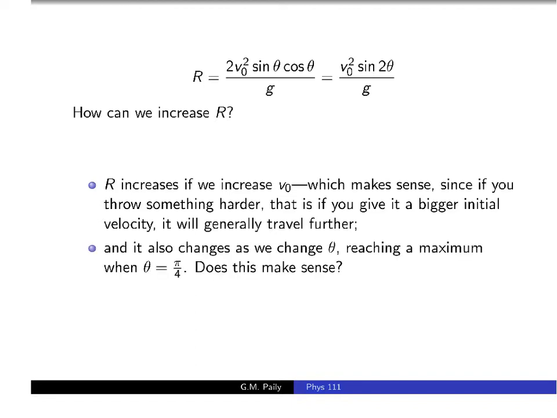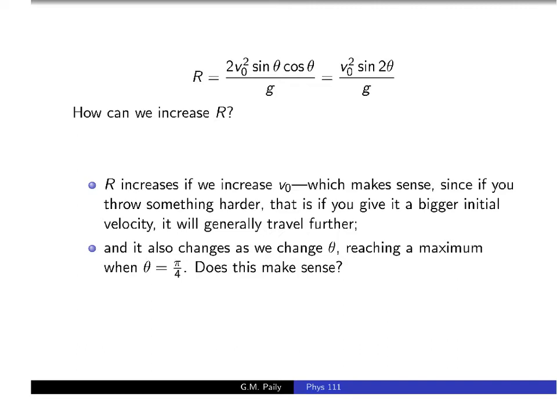We also note that the range depends on the angle, theta. However, it's not as simple as increasing theta always increases the range. We notice that sine 2 theta reaches a maximum when 2 theta is equal to 90 degrees, or in other words, when theta is equal to 45 degrees.